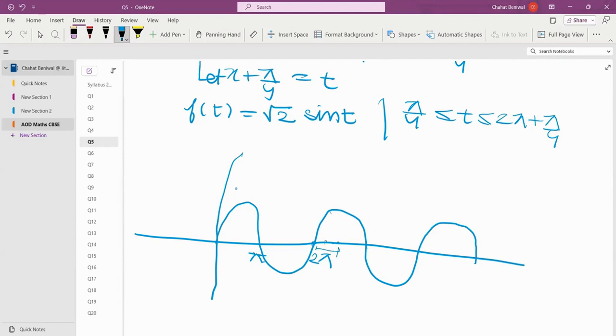So 2 pi plus pi by 4 will be somewhere till here. Let me use a different color. We need to analyze our function root 2 sin t till this red line. If you want, you can make the graph completely, but we didn't need to do that. Why? Because we need to check f dash t.